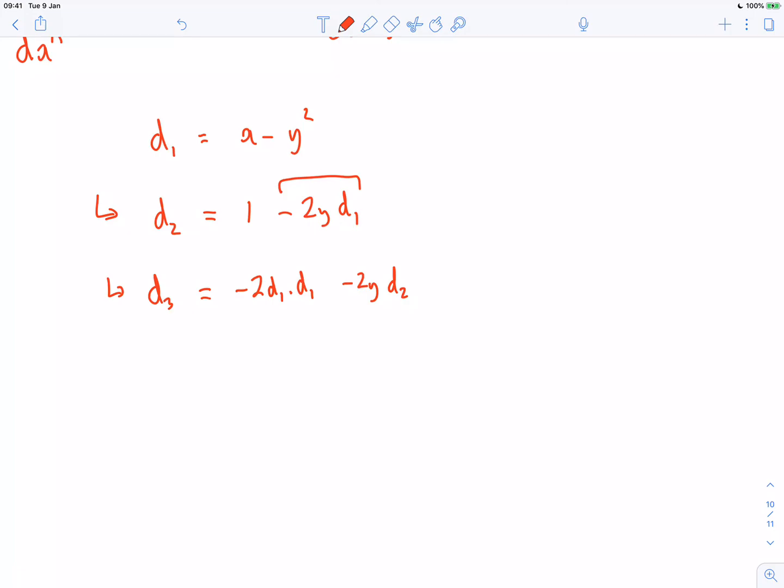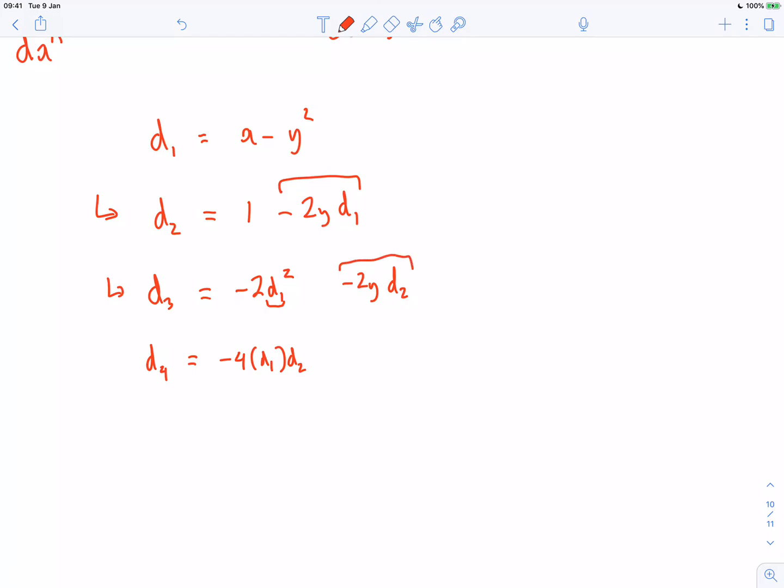Let's move on. Differentiate a fourth time. This becomes d4. Now to tidy this up, I've got d1 times d1, so let's call that d1 squared. Differentiate this: minus 2 lots of d1 squared. By the chain rule, if this was minus 2x squared, it would become minus 4 of the thing to itself, so that's d1, and then I have to times it by d1 differentiated, which is d2. Now I've got minus 2y d2 here.